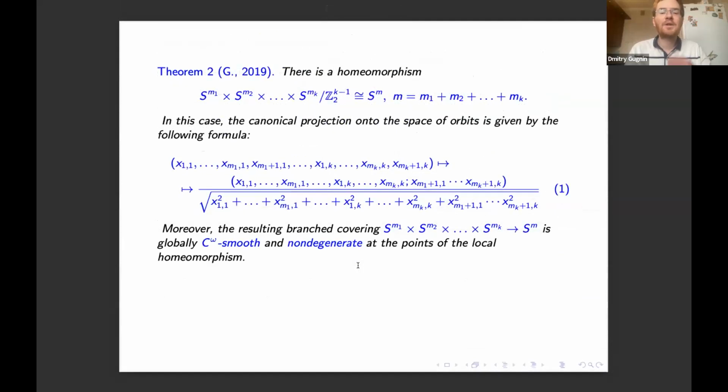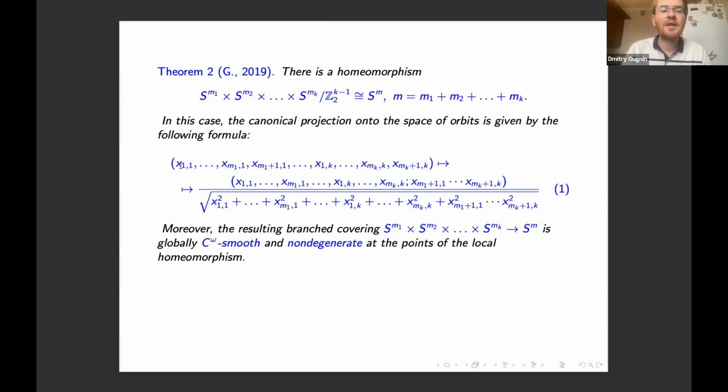But what is more interesting is that in this setting, these spheres are just round spheres, and in coordinates we may write the following explicit formula. The canonical projection onto the space of orbits is given by this formula.